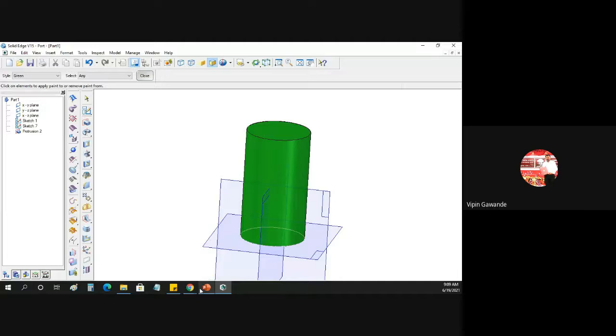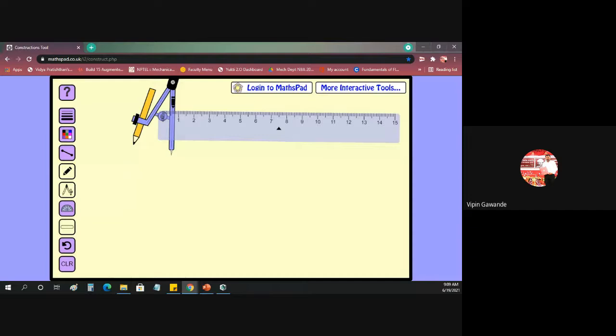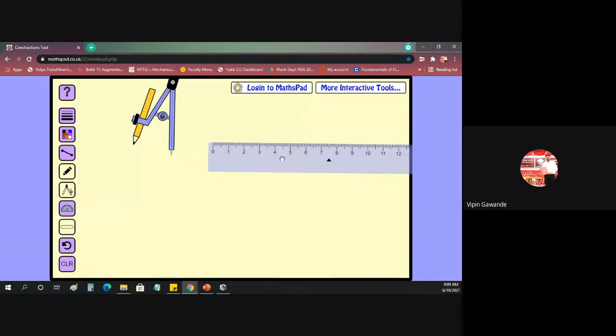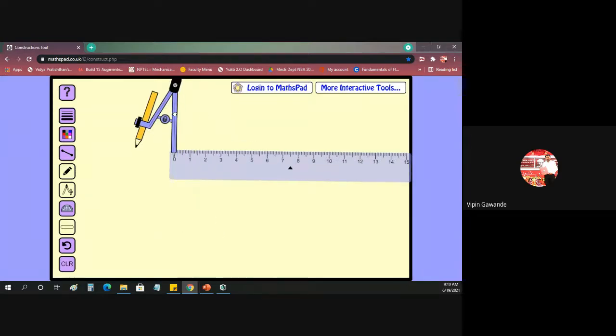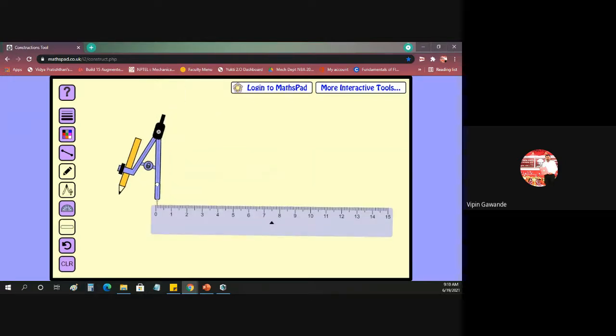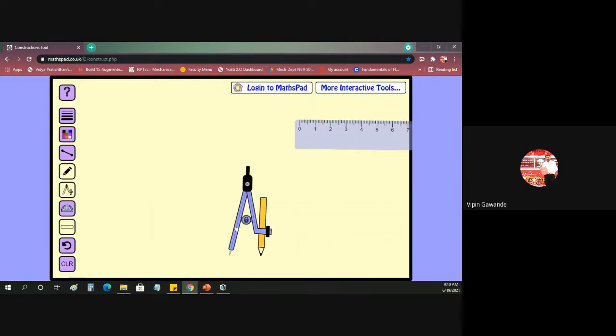How to construct the front view and top view of the cylinder? First we will construct the top view. The top view of the cylinder is a circle. Let me take some radius distance in the compass. Suppose I am taking a 2 centimeter distance in the compass, so I have taken 2 centimeters as the radius.